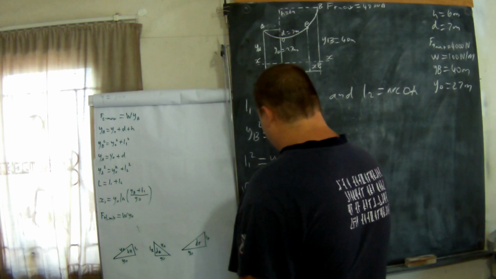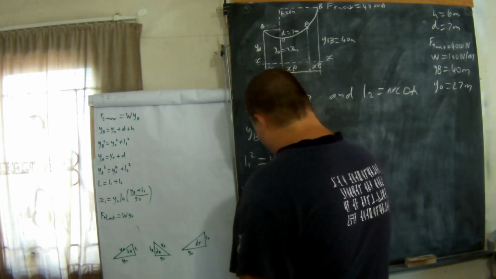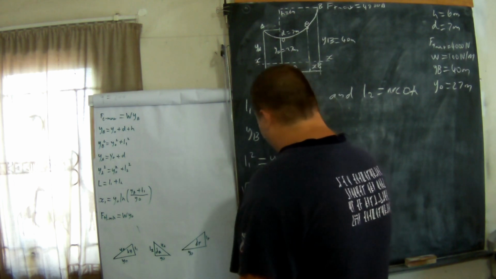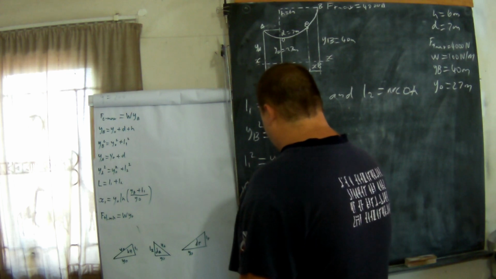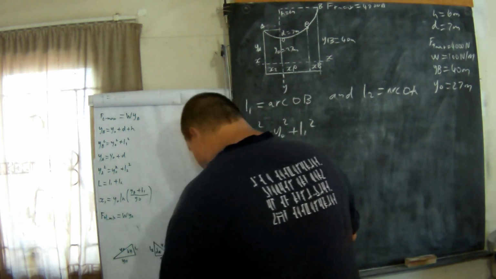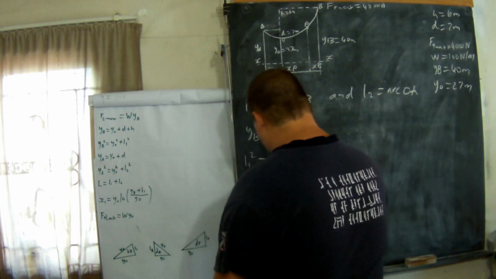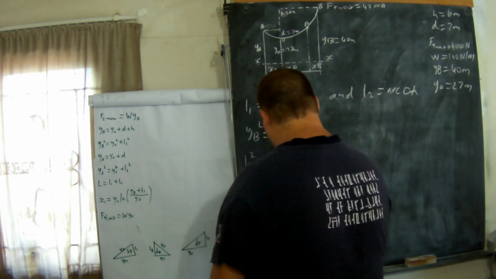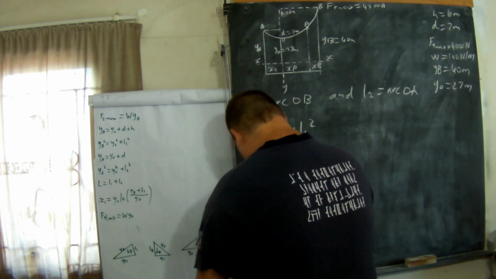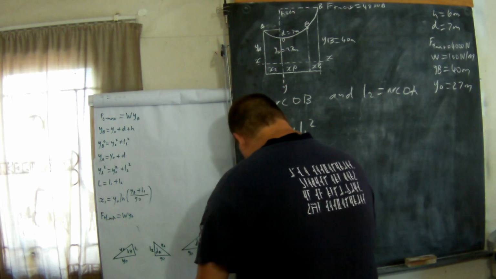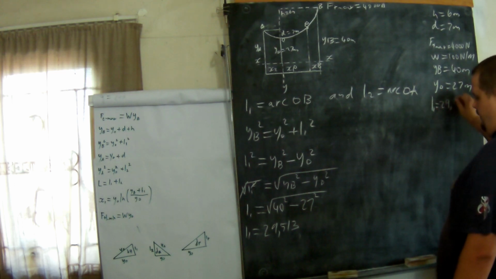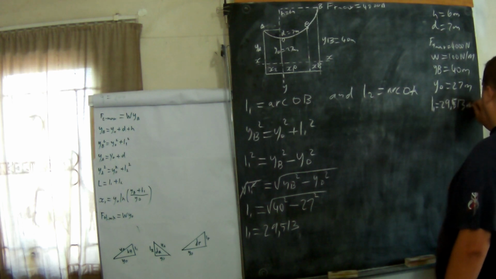The square root cancels with the squared, so we're left with L1 equal to the root of 40 squared minus 27 squared, which is 29.513 meters.